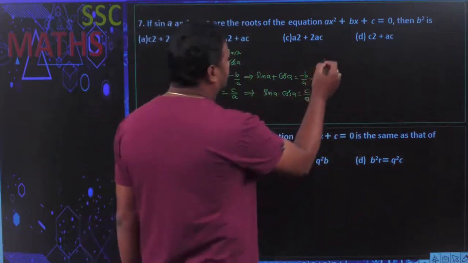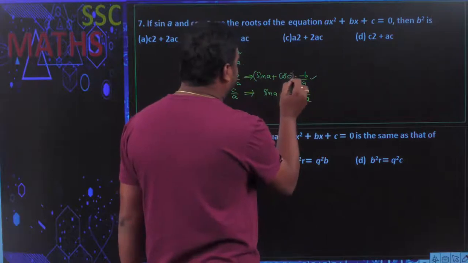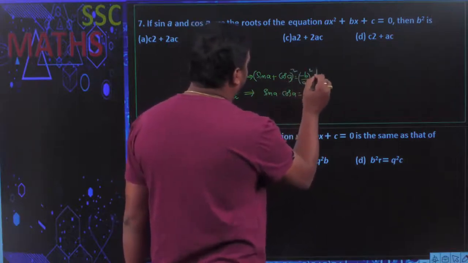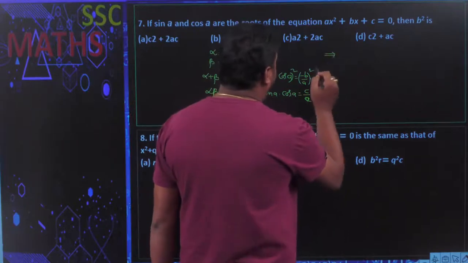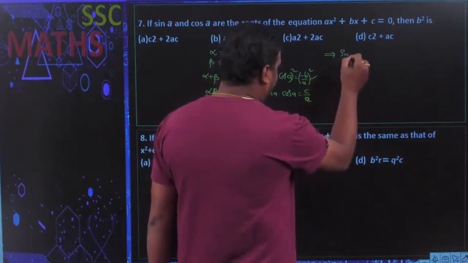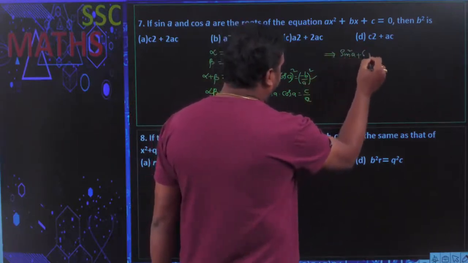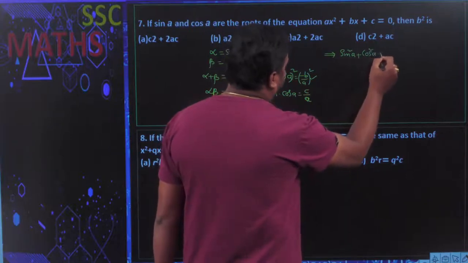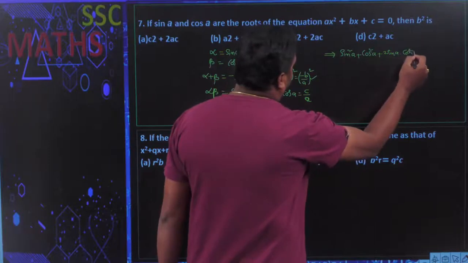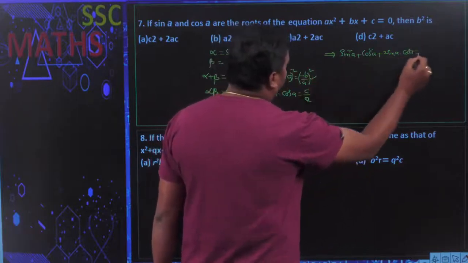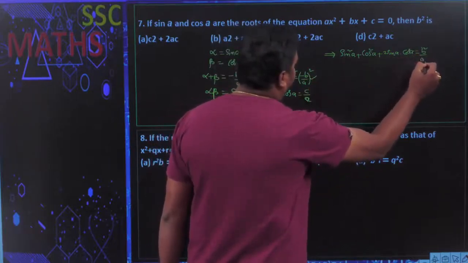When you square it on both the sides, sin A plus cos A whole square is equal to minus b by a whole square. Sin A plus cos A whole square is going to be sin square A plus cos square A plus 2 sin A into cos A, which is equal to b square by a square.